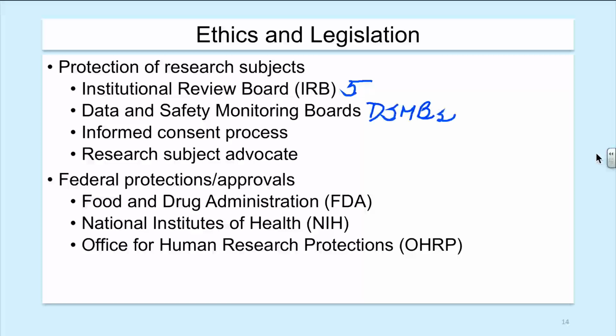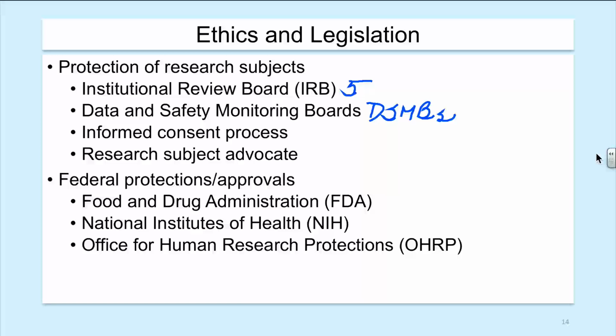Data and safety monitoring boards are groups of people who review clinical research studies on a regular basis to ensure that the patients remain safe who are participating in the clinical trials, and also that the study will eventually answer the research question that it is intended to answer. So the composition of particular data and safety monitoring boards might be experts in that area of research.